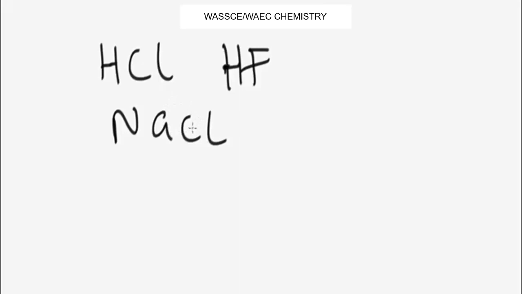So when group 7 elements like chlorine react with a metal like sodium, it will form an ionic compound. In this example, sodium chloride, there is an ionic bond existing in it. Another example is potassium chloride. This is an ionic compound as well. There is an ionic bond existing in it, and the rest of them.